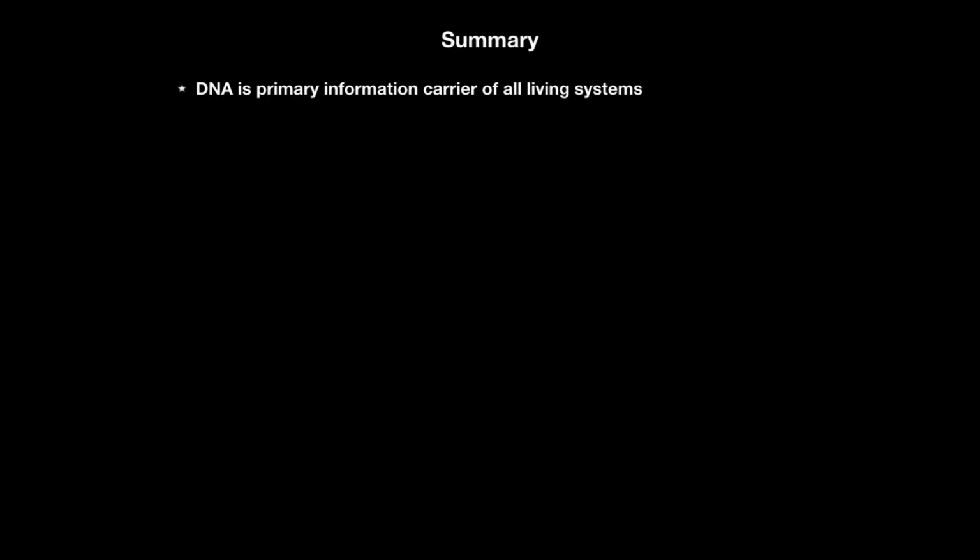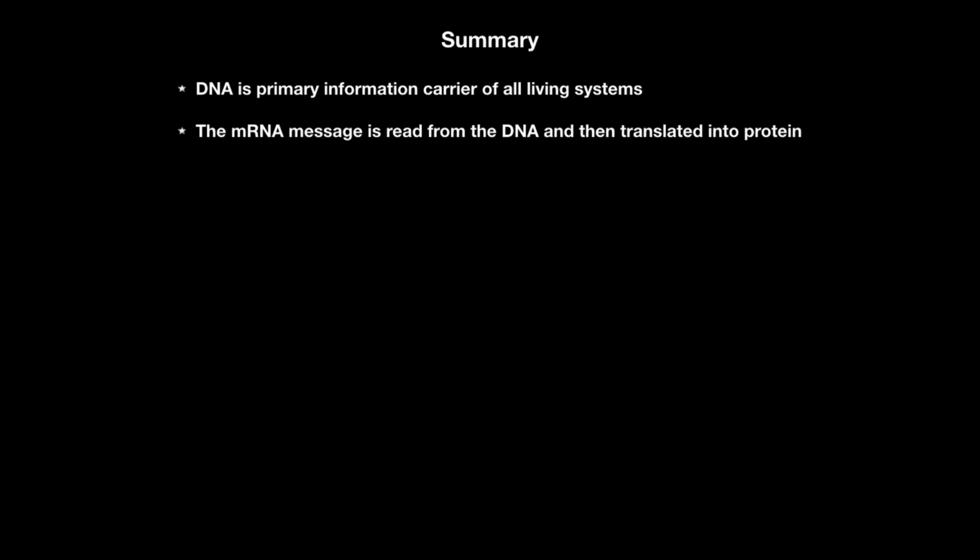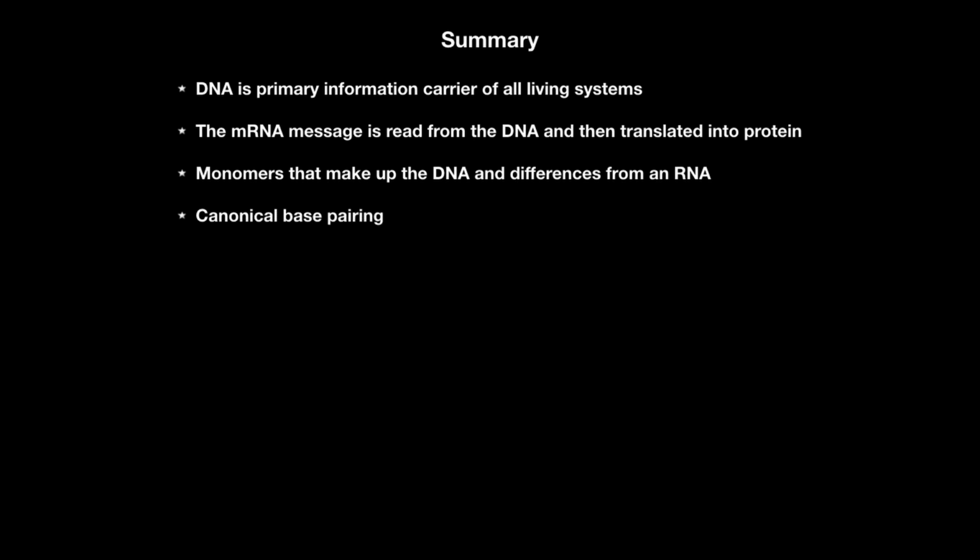In summary, in today's video, we saw that the DNA is the primary information carrier of all living systems. The mRNA message is read from the DNA and then translated into a protein. We saw the different monomers that make up a DNA, and what the differences were between a DNA and an RNA, especially in terms of the nitrogenous base and the 2' hydroxyl group in the sugar of the ribonucleotide.